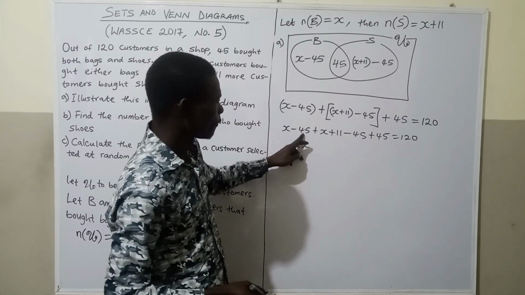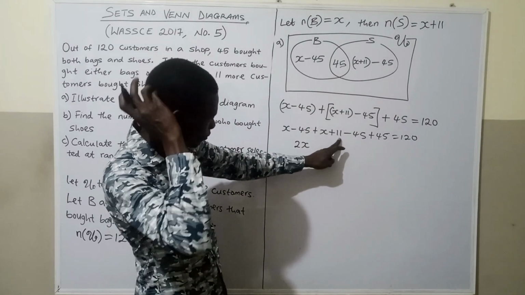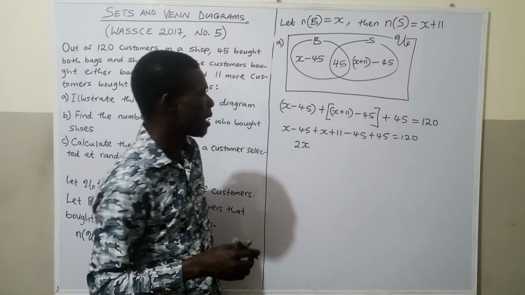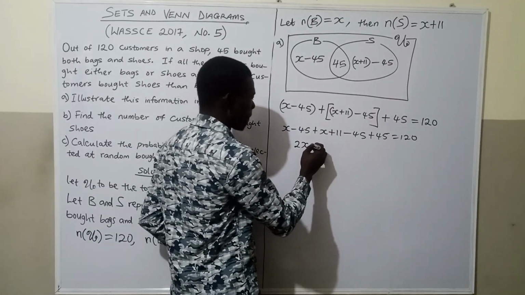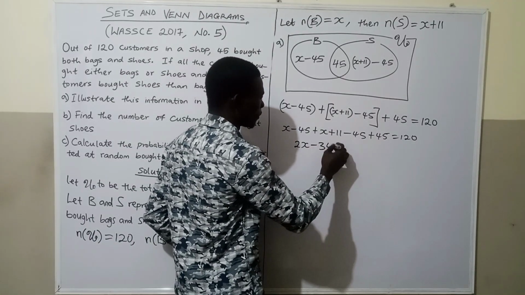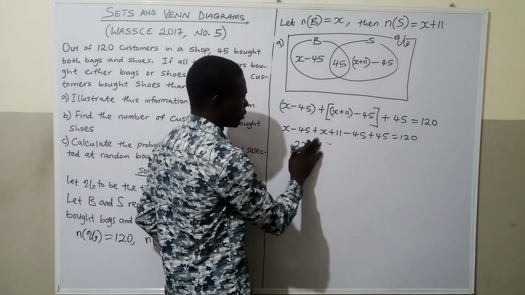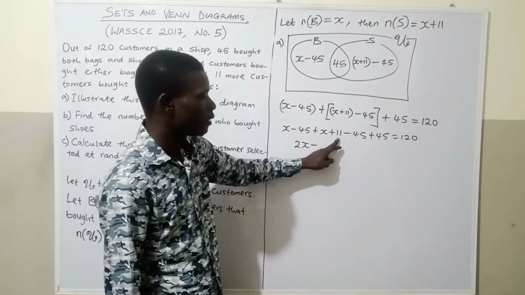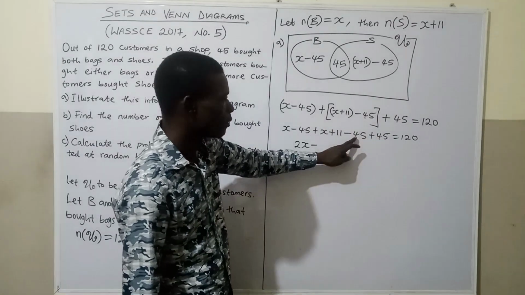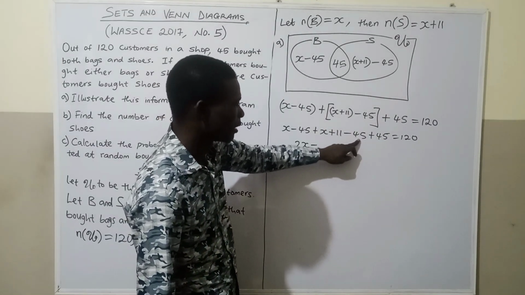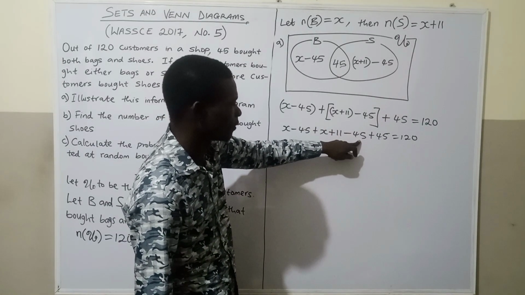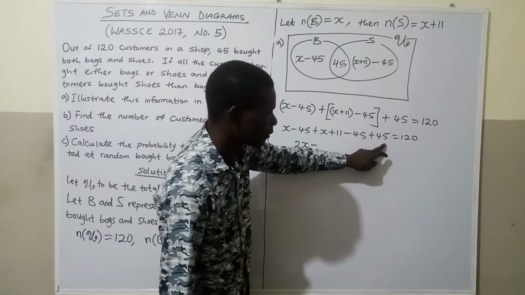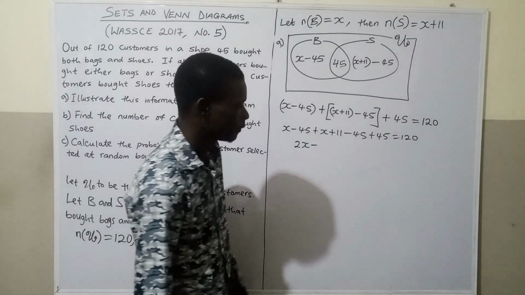minus 45 plus 11, that's minus 34. Minus 45 plus 11 is minus 34. Minus 34 minus 45 gives minus 79, and minus 79 plus 45 gives us minus 34 back.